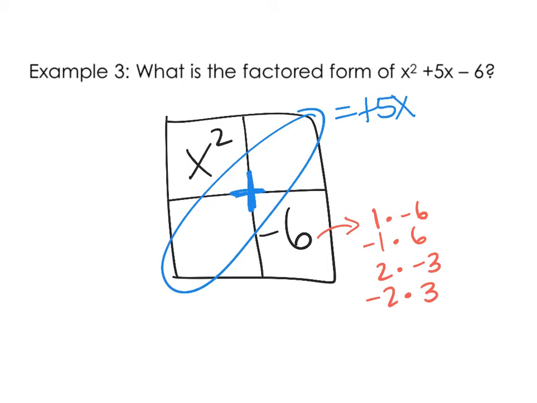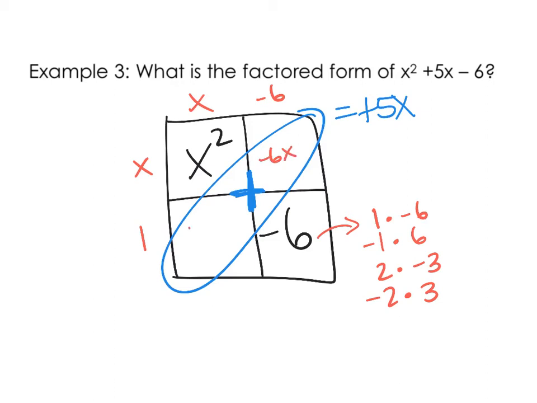What multiplies to be x squared? Well, that's still going to be x and x. But now we need to become a positive 5x. So it could be any of these. Let's just try one. So let's start with the top one. Negative 6 and a positive 1. So negative 6 times x would give me a negative 6x.